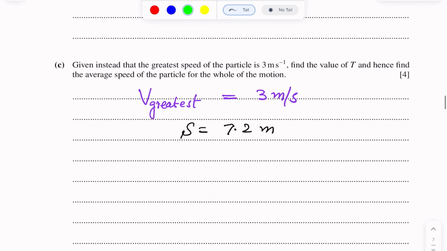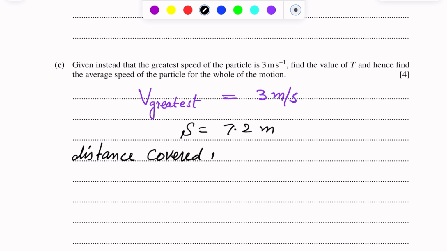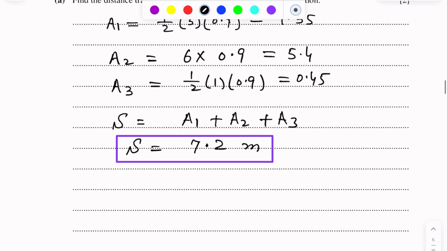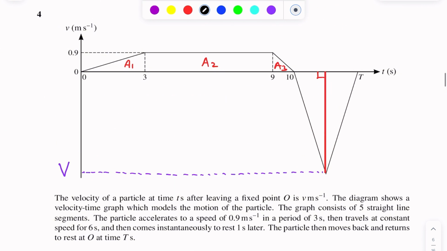So we can write that the distance covered in the back direction we will find by finding the area of this triangle, 1 over 2 base into height.